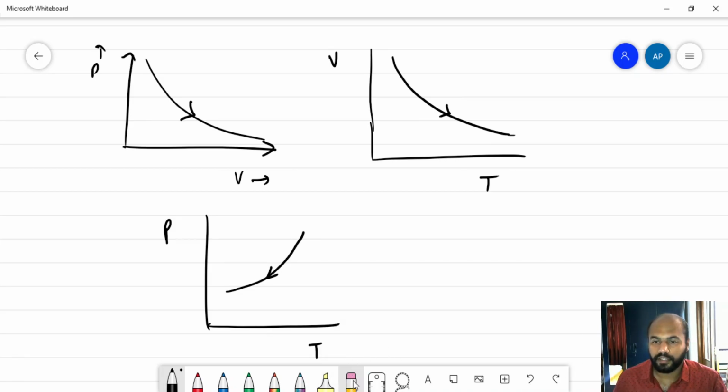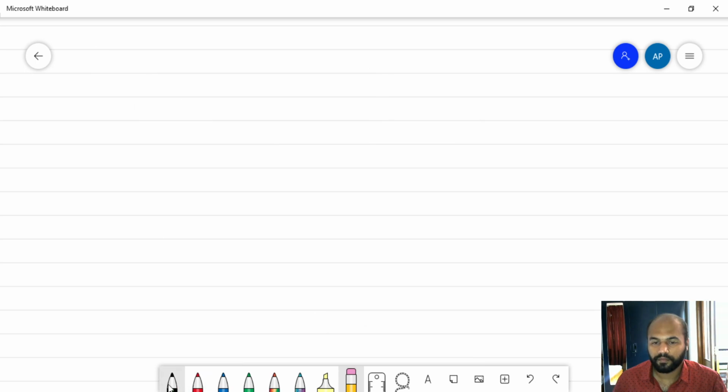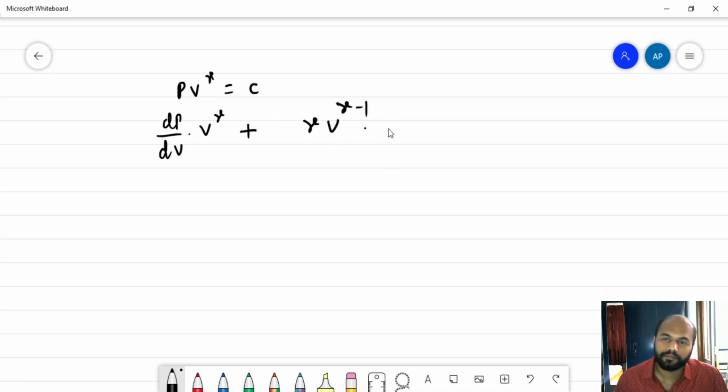Before that, let us see what is the slope of PV graph for an adiabatic process. We know that PV raised to gamma is a constant. Now let's differentiate this and see what we get. So let's do dP by dV. So dP by dV into V raised to gamma plus gamma times V raised to gamma minus 1 P is equal to 0.